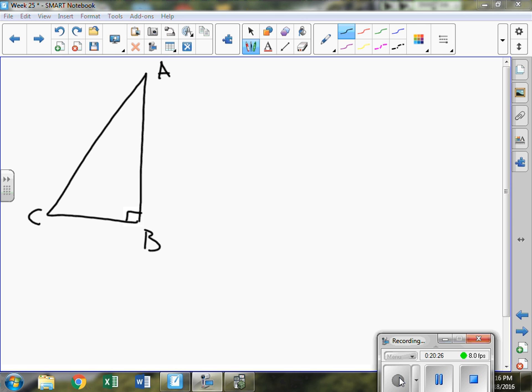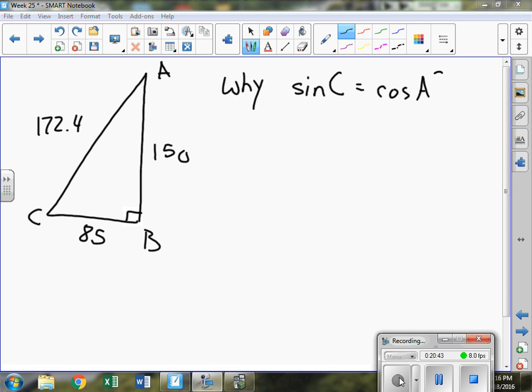A, B, C, 85, 150, 172.4, and we would like to explain why the sine of angle C equals the cosine of angle A. Notice that.